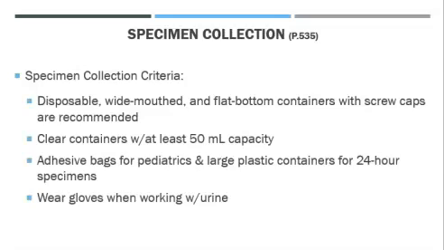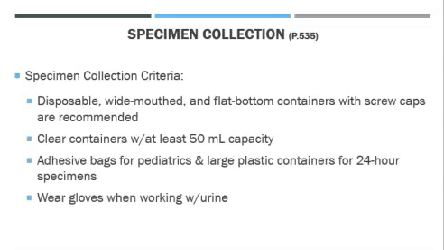There's some criteria that we want to follow when we're doing specimen collections of urine samples. For our urine samples, we want to use a disposable, wide-mouth, flat-bottom container, and we want to use a container, if possible, that has a screw cap. We want to use a container that is clear, and containers that can hold at least 50 milliliters in capacity.